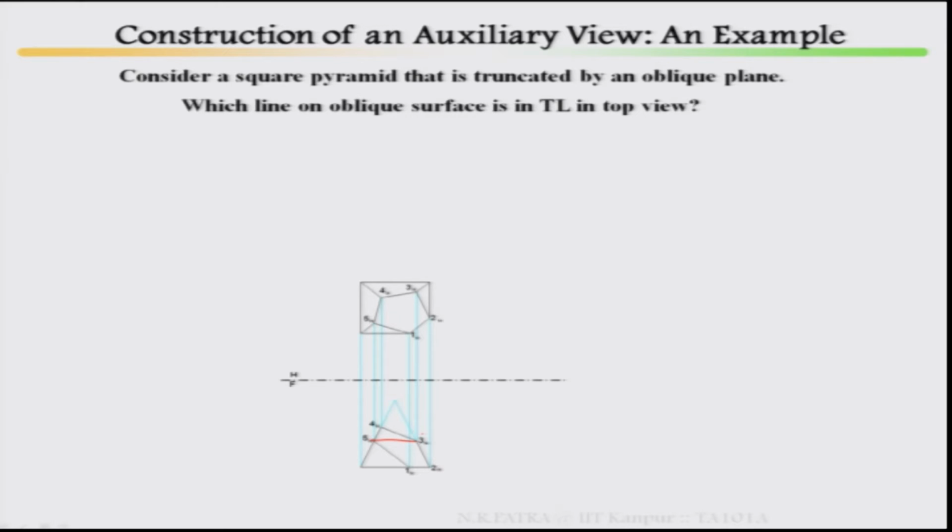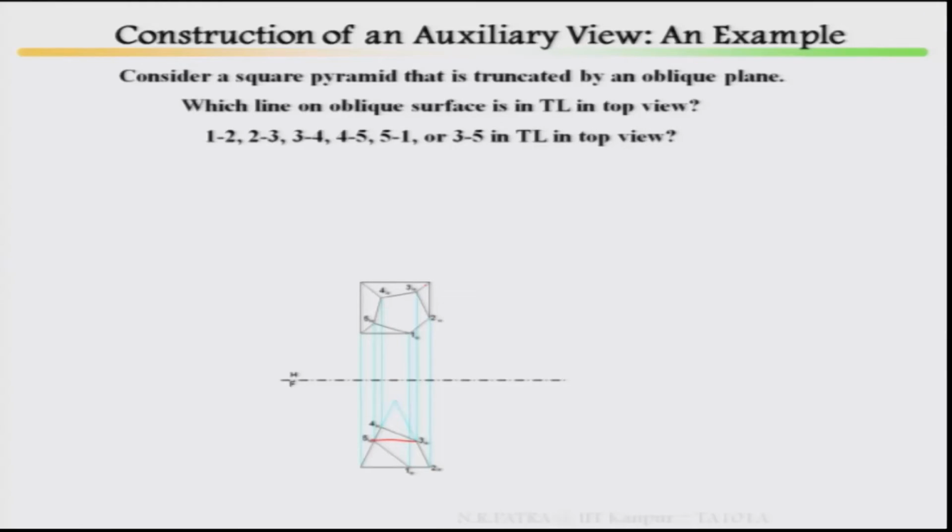That means the line between 3 and 5 will give me the true length of this line 3 5. Of the edges 1 2, 2 3, 3 4, 4 5, 5 1, it is 3 5 that is in true length in top view. The way I said, 3 5 is parallel to the hinge line, hence 3 5 will be your true length.